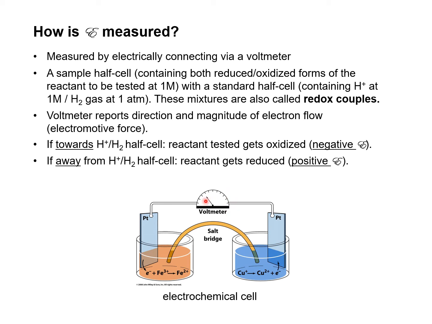If it is the other way around, meaning the electron moves away from this standard half cell, that means the reactant gets reduced, and it will have a positive reduction potential, or E value.